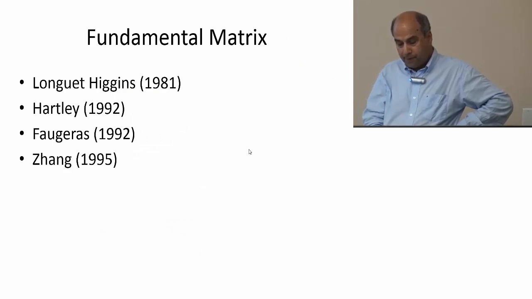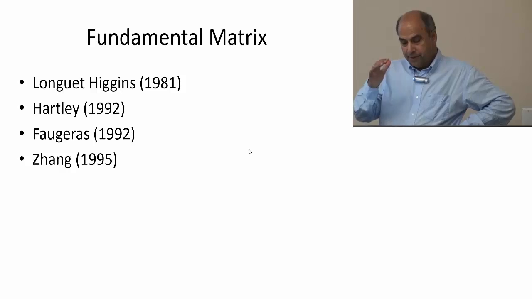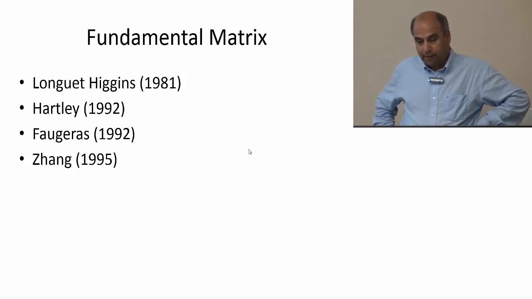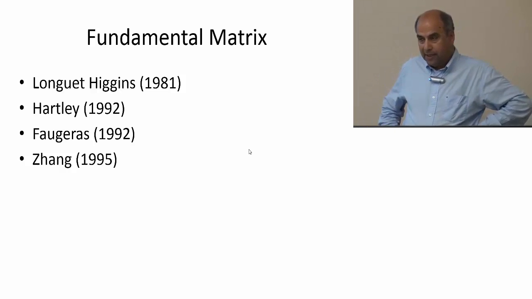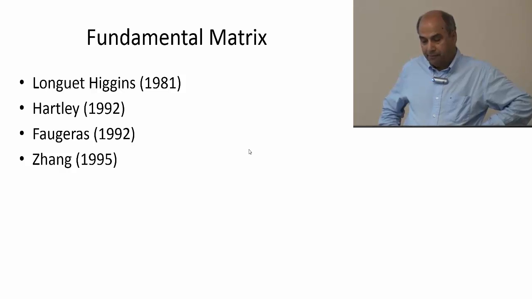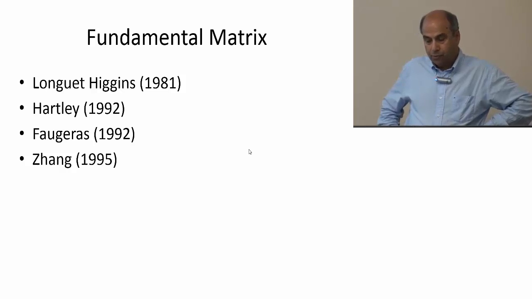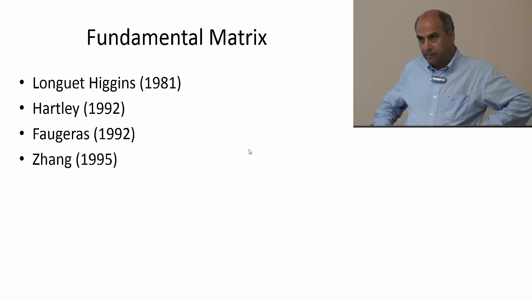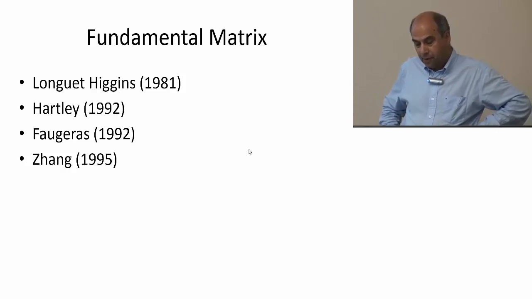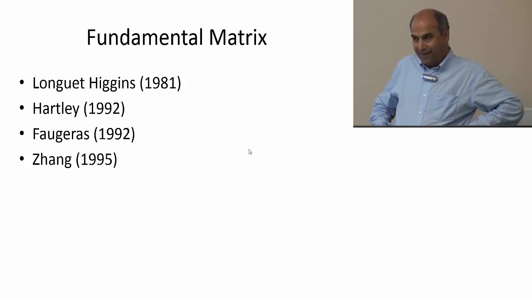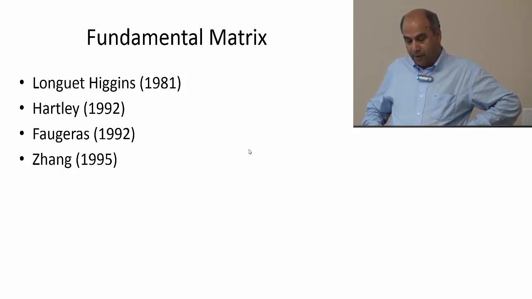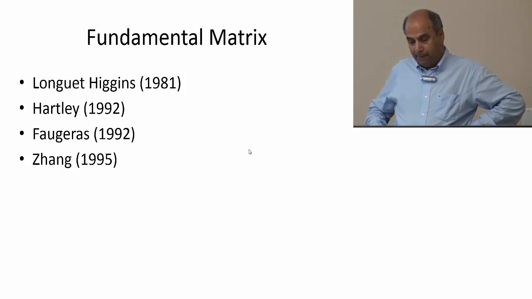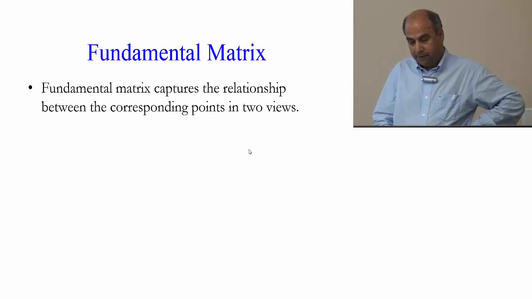So that's fine. This is the history, as I told you: Longuet-Higgins came up with the essential matrix in 81. In 92, Hartley and Faugeras simultaneously published papers in different conferences about the fundamental matrix, and Zhengyou Zhang, who is now at Microsoft, came up with the robust estimation of the fundamental matrix.